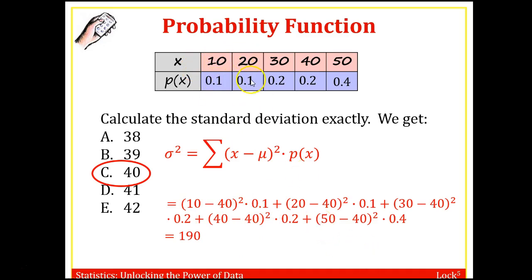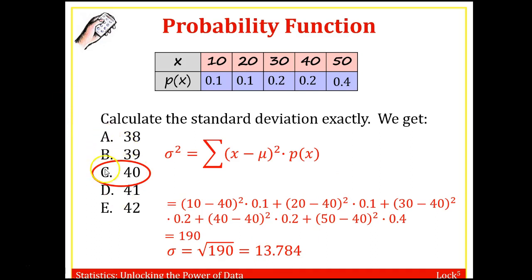And then you do the same for all 5 of these values. 50 minus 40 squared times 0.4. That is sigma squared. This is the variance. So then to take the square root of that, we take the square root of 190 to get 13.78.